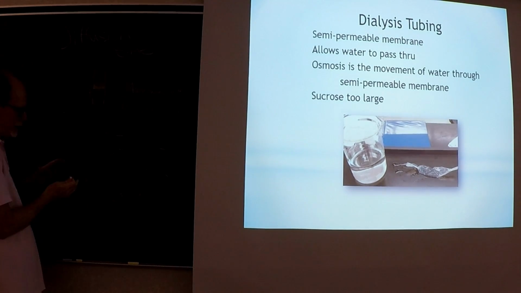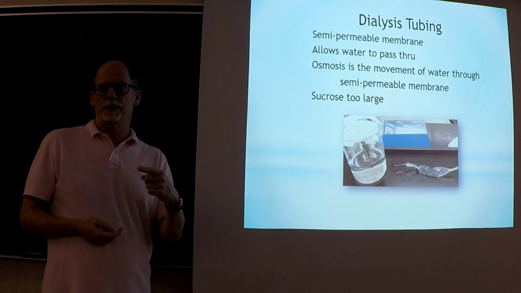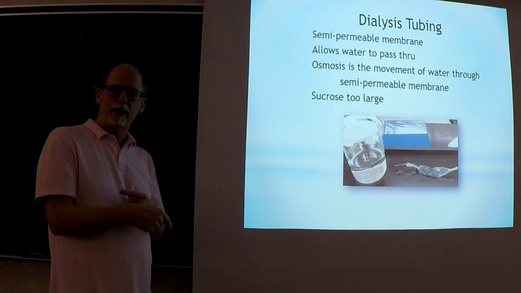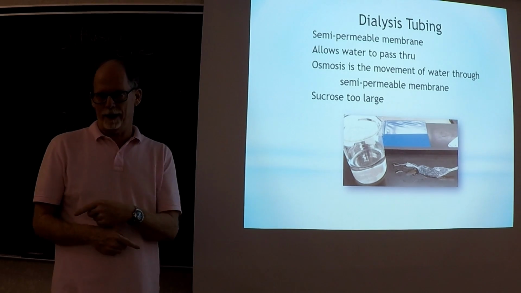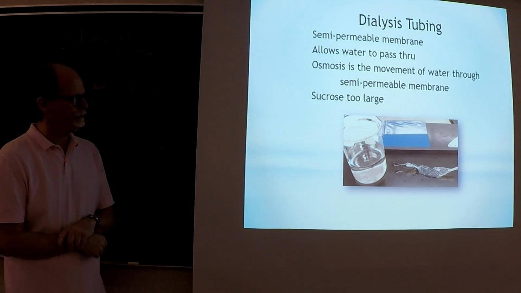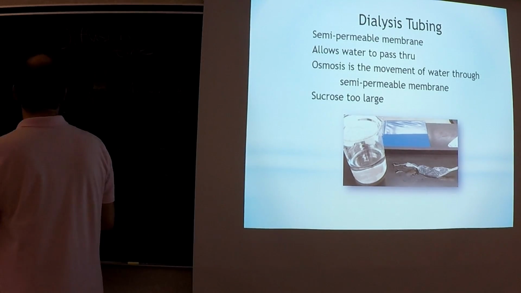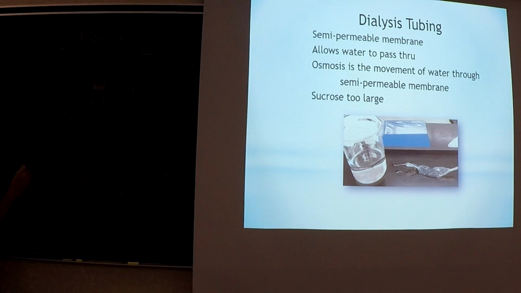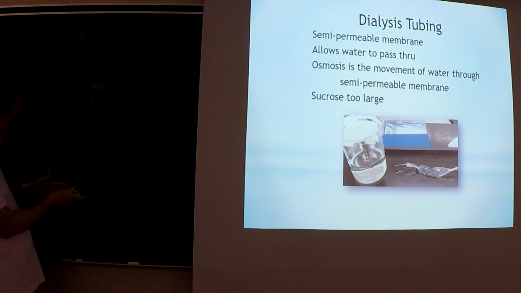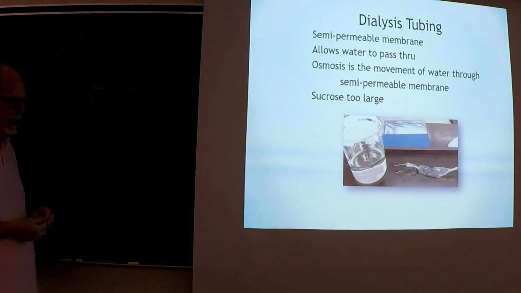So over time, more water can osmose into the bag than can osmose out of the bag, because the ones trying to get out are blocked by sucrose. It goes from being 10 grams at the beginning, and sometimes it can weigh as much as 15 grams at the end, because that means 5 grams of water got into the bag, and the bag is heavier.